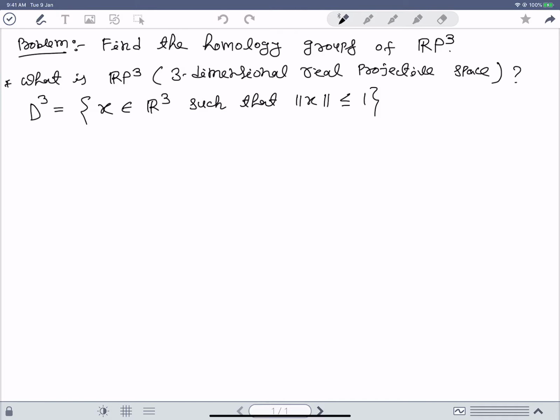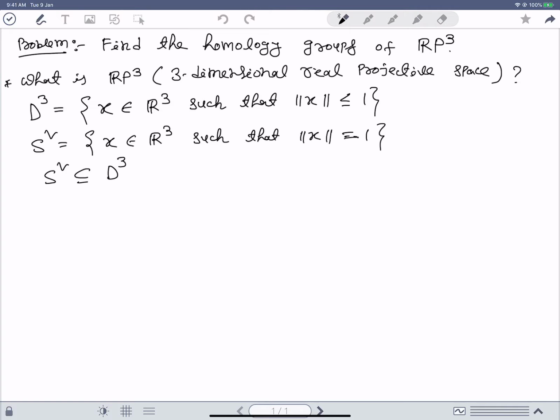Okay, so this is a closed ball and S2 is the boundary of this 3-ball. That means all the points x in R3 such that the norm of x equals 1. Okay. So that means S2 is the boundary in D3.